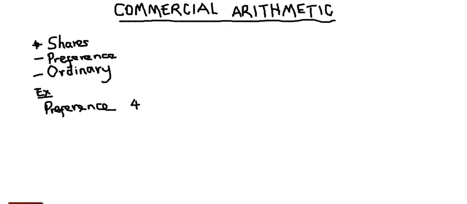So these preference shares, they are 450, each valued at 50 kwacha. And there is a preference percentage of 10%.